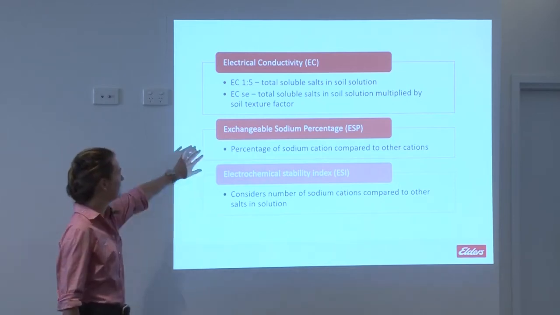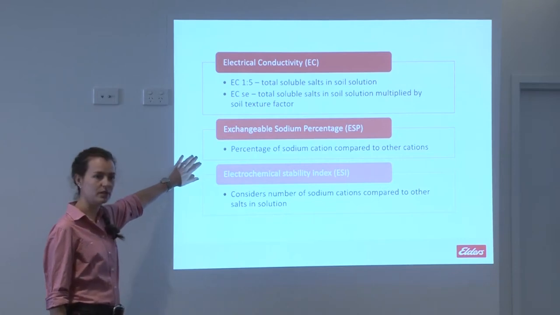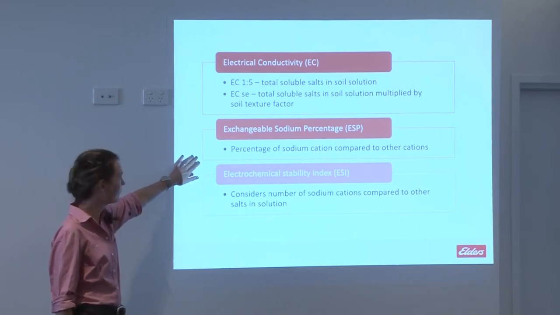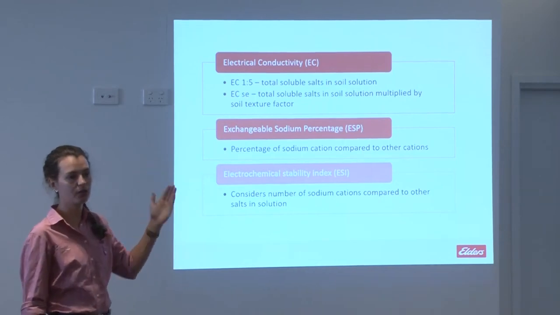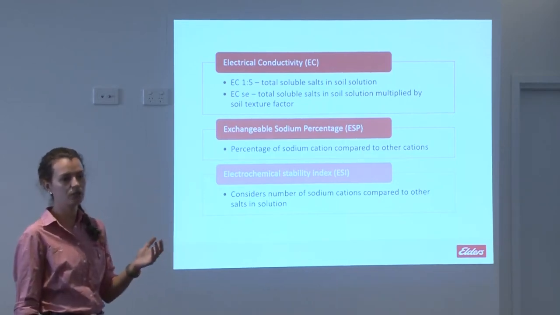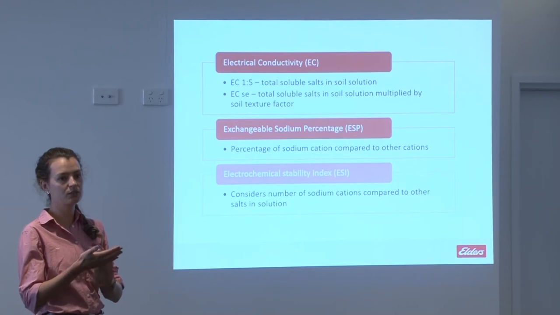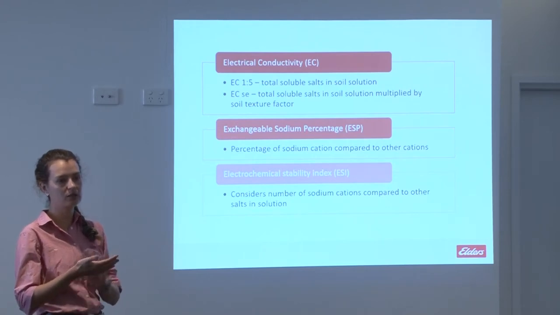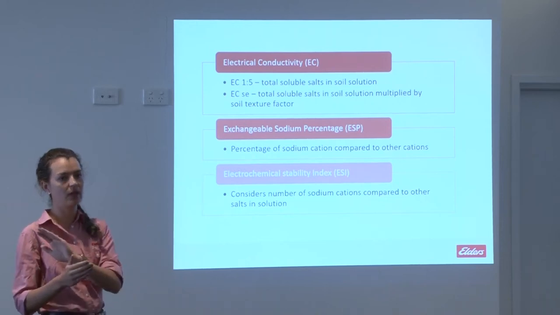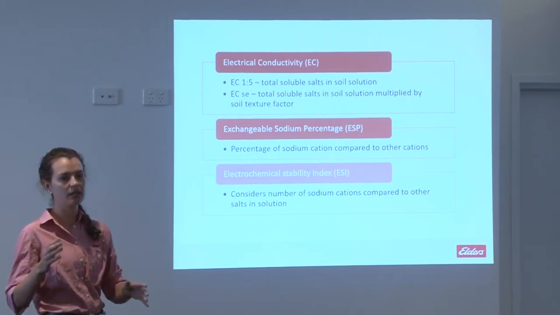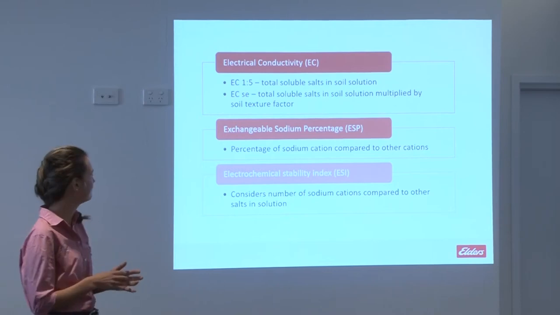So that's when you go down to the exchangeable sodium percentage, your ESP. That's looking purely at your sodium cations, or sodium cation percent in your soil. That's the percentage of sodium compared to all the other cations. So I'll measure all the other cations and get a percent of each. That's when you start looking at your ratios of how much you want of each.